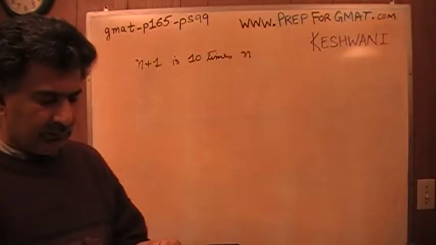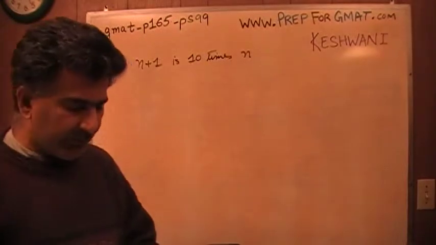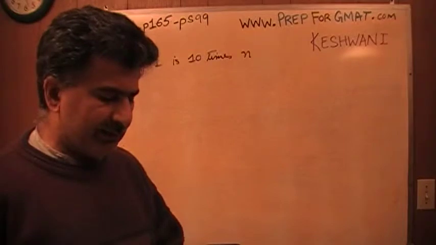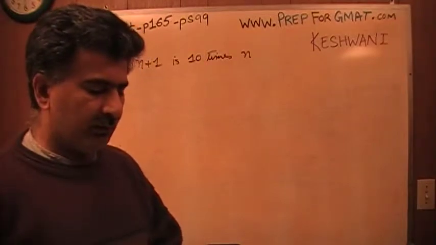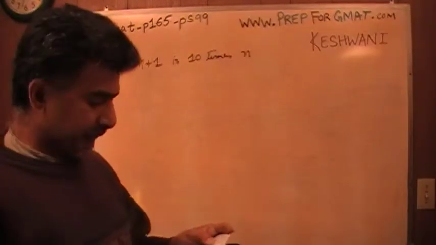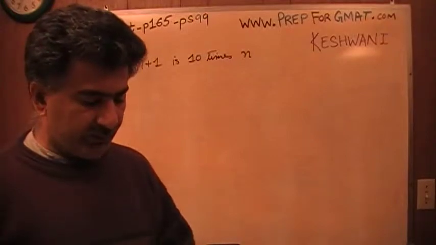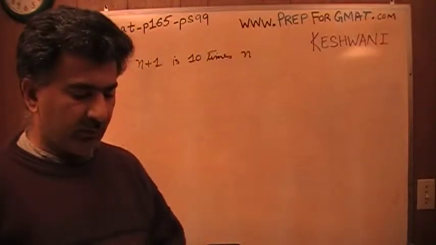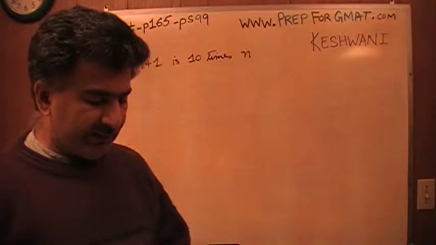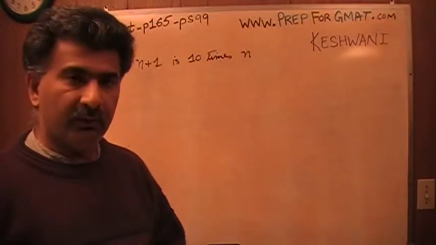Let me start again. A reading of n plus 1 corresponds to an intensity that is 10 times the intensity corresponding to a reading of n, which is what I showed here. The question simply is, on that scale, an intensity corresponding to a reading of 8, it's how many times greater than the intensity corresponding to a reading of 3?